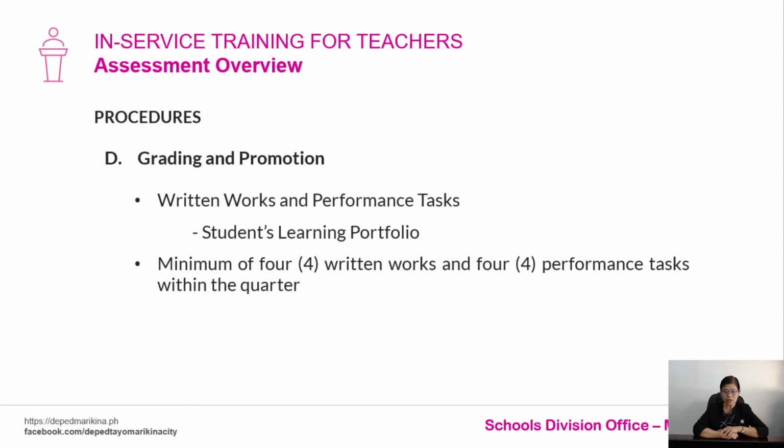We also use the student's portfolio for this. And there should be a minimum of 4 written works and 4 performance tasks within the quarter. Now, this is minimum. You can have more than this, but of course, not less than 4.